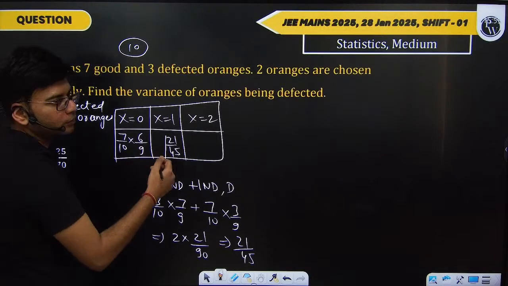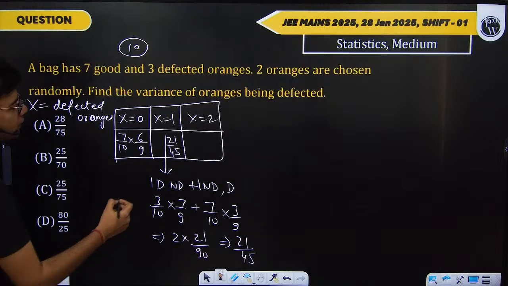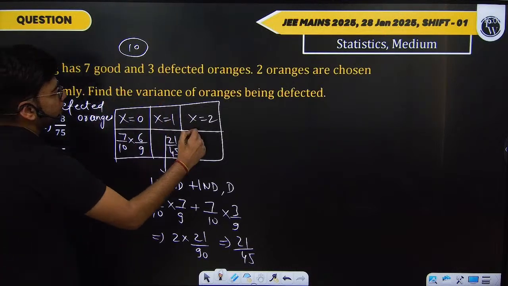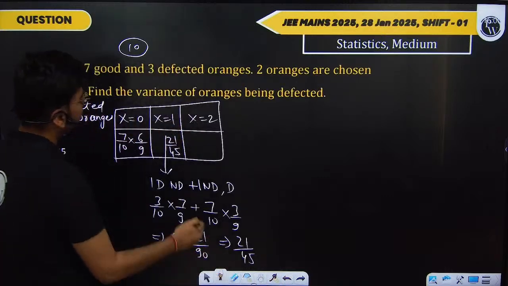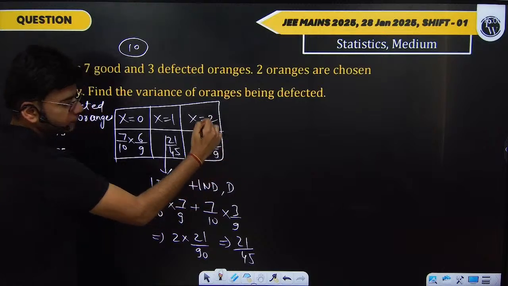x equal to 2, that means both the oranges are defective. Both the oranges are defective, that means 3 by 10 into 2 by 9.